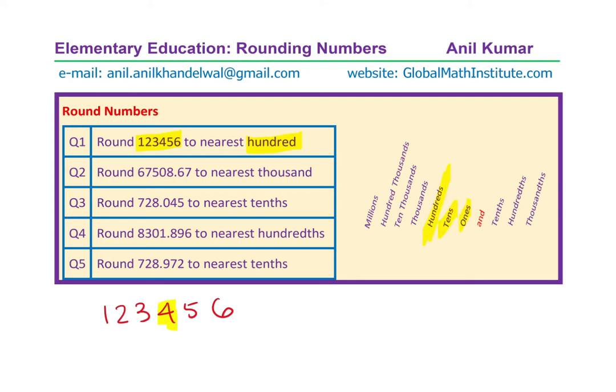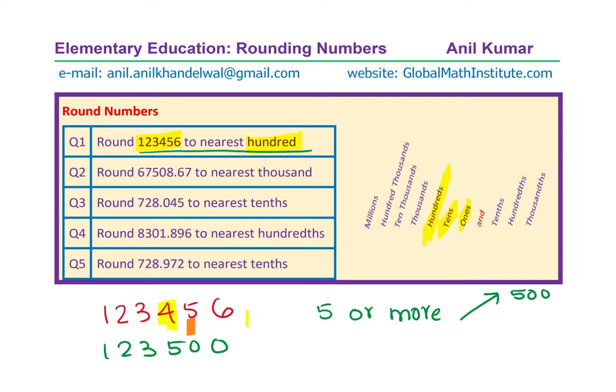So that is the position, the third from the decimal to the left. To round it, we are going to check the number on the right. If it is 5 or more, round higher. So higher of 400 is 500, correct? So we get 123500 as our answer, correct? So that is the answer for question number 1. Is that clear to you?